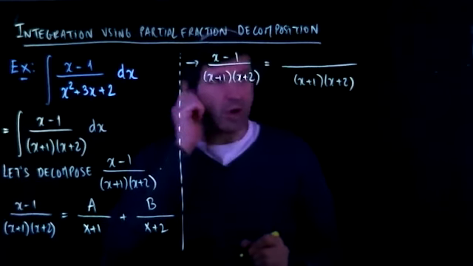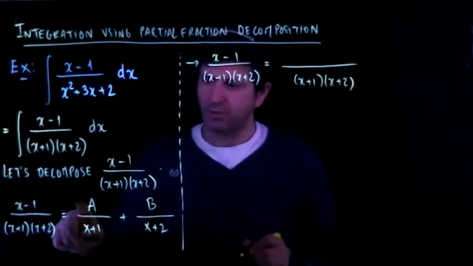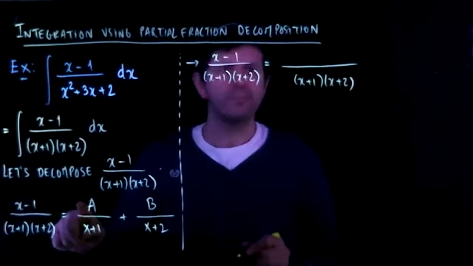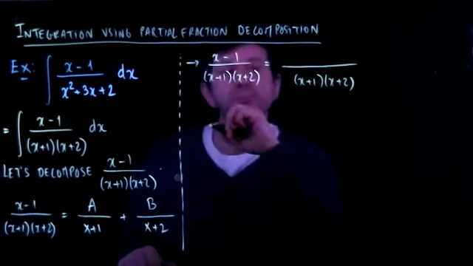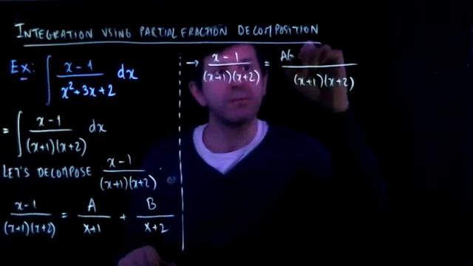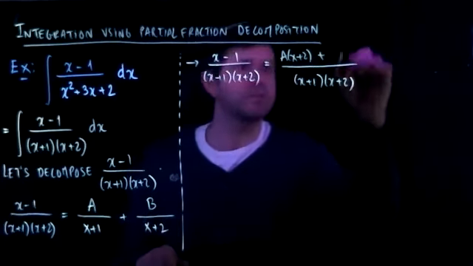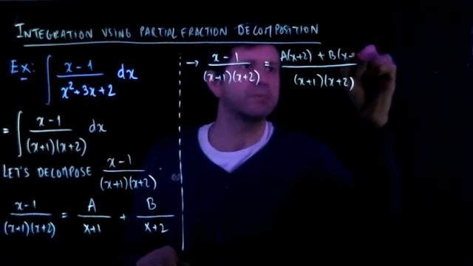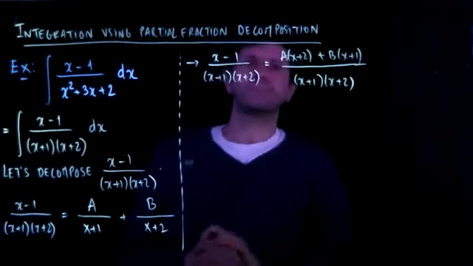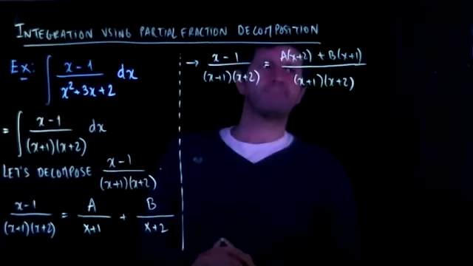How do I find the common denominator? I need to multiply A by what? x plus 2. Very good. So it's A times x plus 2 plus B times x plus 1. Are you with me? Yes. Any questions?